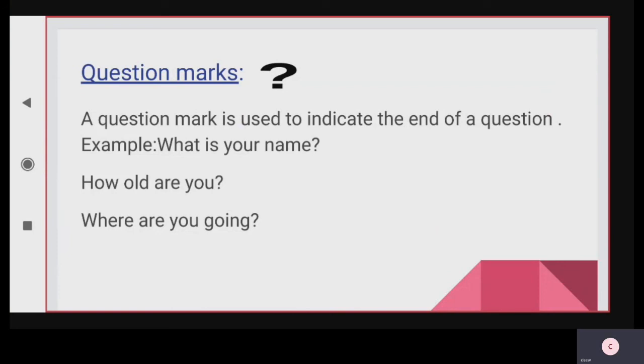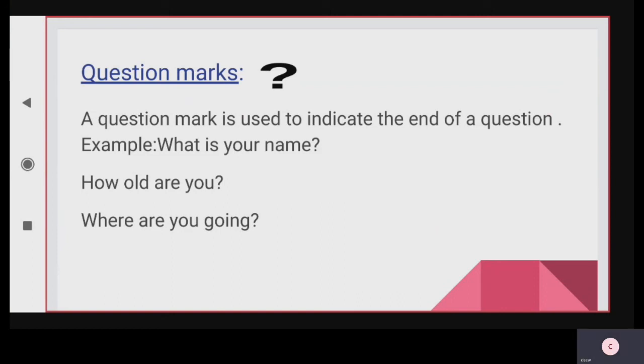Children, let's recap. Always use a capital letter at the beginning of a sentence or a statement or a question. It means the first letter of the first word must be capital.